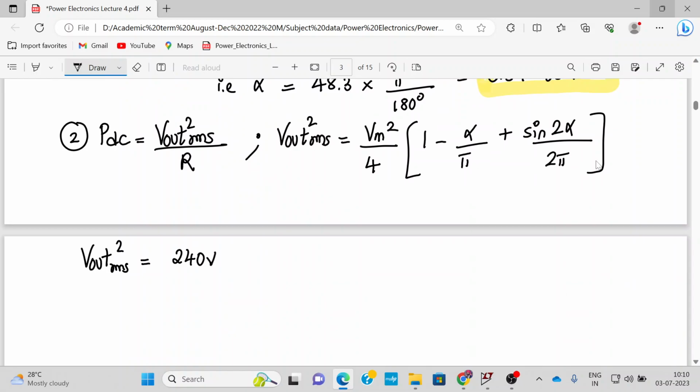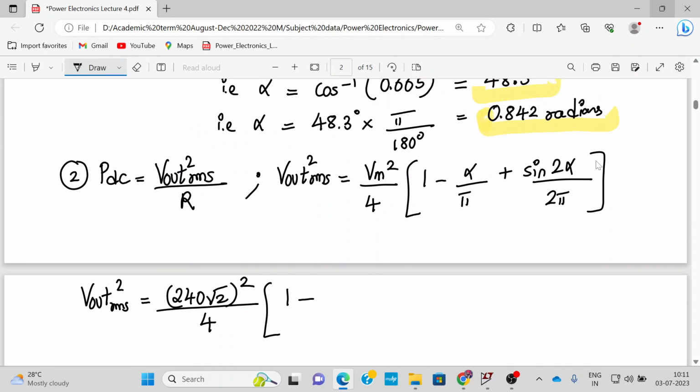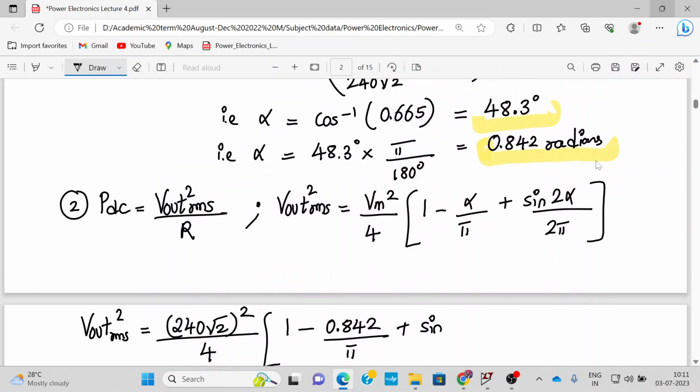So 240 root 2 square divided by 4 into 1 minus. Now alpha we have to write in radians, so it will be 0.842 divided by pi. Pi you substitute as 3.14. Okay, plus sine of, we have to substitute now alpha in radians. So 48.3 into 2, that will be around 96.6.